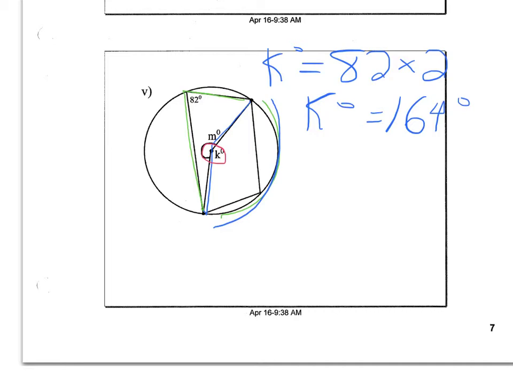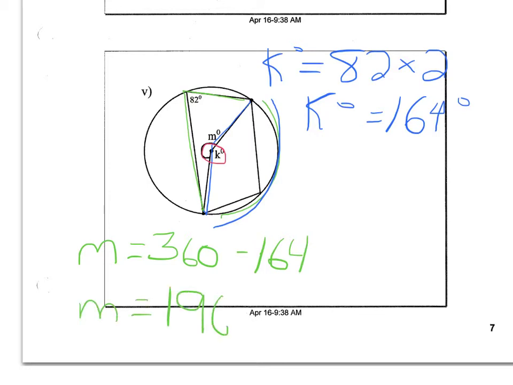So knowing that K is 164, and the total angle in the circle is 360, to find M, we will take 360 degrees minus 164, so M equals 196 degrees. Again, that's angles of a circle, things they expect you to know. So hopefully with some practice it'll become just memorized.